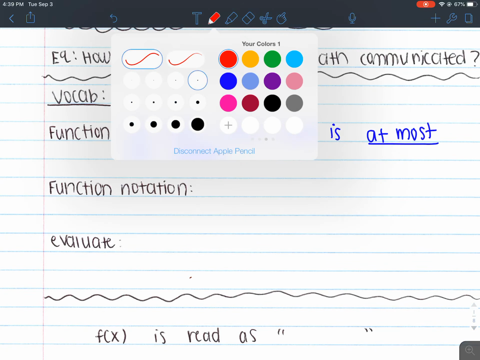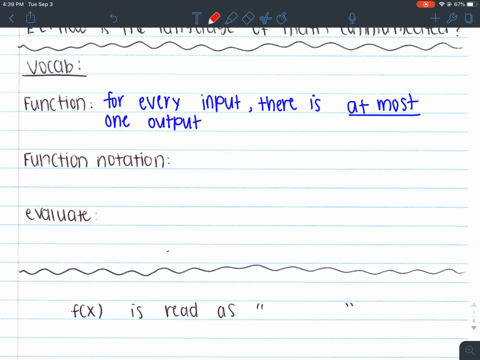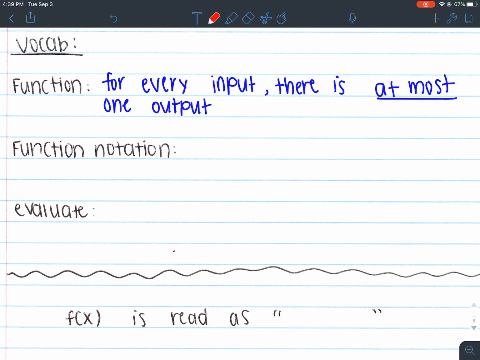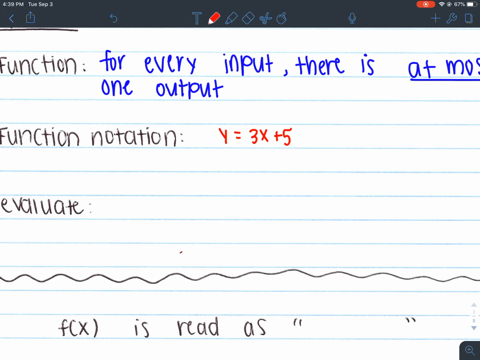So moving on, we have function notation, and I'm just going to give you an example of what this looks like, not really define it for you. For example, we've seen y equals 3x plus 5. This is a function. There's an input and an output. We put something in, we can take something out. I can plug in something for x, do the math, and get something out for y.